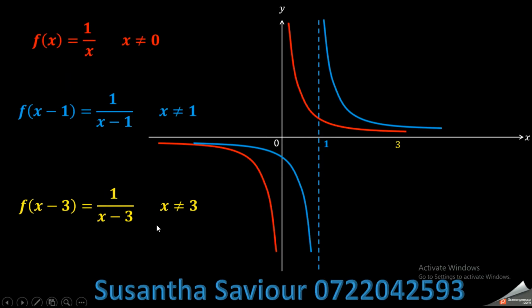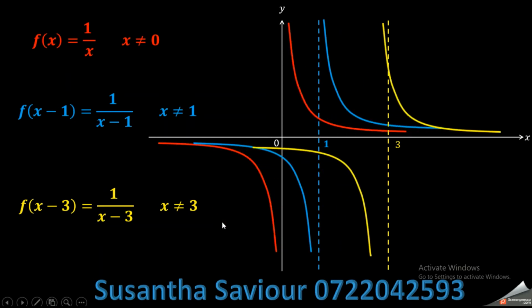This original curve will be pushed towards the right hand side by how many points? By 3 points because of this one. Then this first asymptote x equals 0 will be going to x equals 3, right, like this, and then this graph will be moved to this side up to here. Let's see.